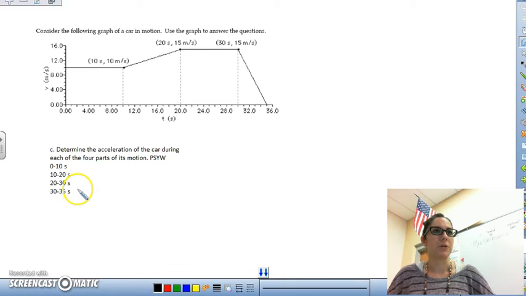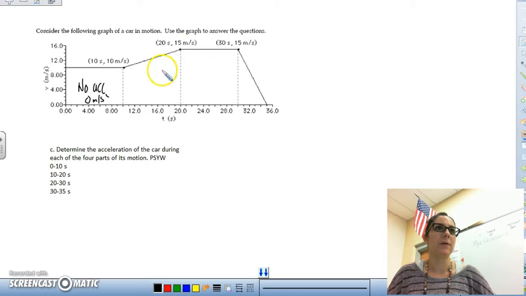Describe the acceleration of each of the 4 parts of motion. Okay. Right here, we're not changing our speed. We're maintaining our speed, so there's no acceleration here. If we did that quantitatively, that's a 0 acceleration.